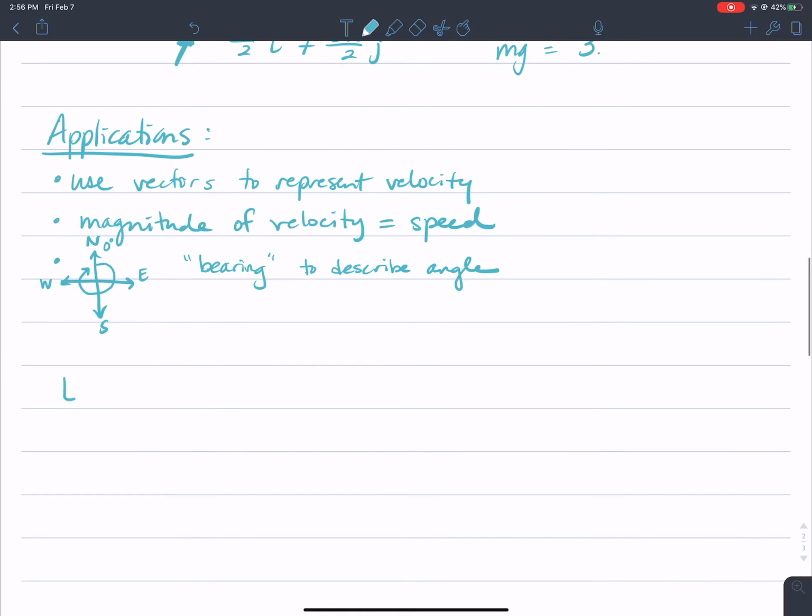So, an example. A jet aircraft is flying on a bearing of 65 degrees at 500 miles per hour.